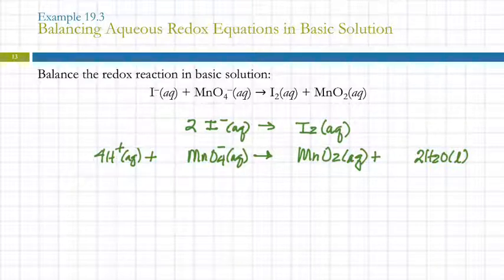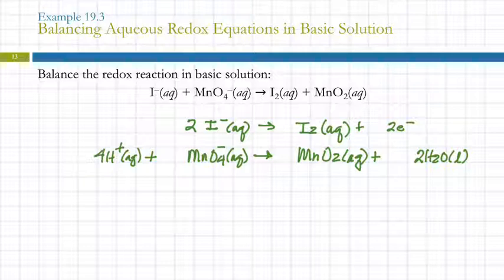So I've got mass balance. Now I'm going to balance the electrons, the charges. So in the top half reaction, I've got -2 charge on this side and a 0 over here. So I need to add 2 electrons to this. Right? So I'm adding 2 electrons.